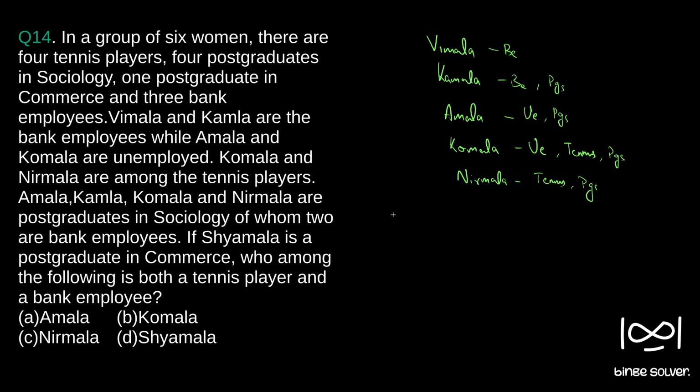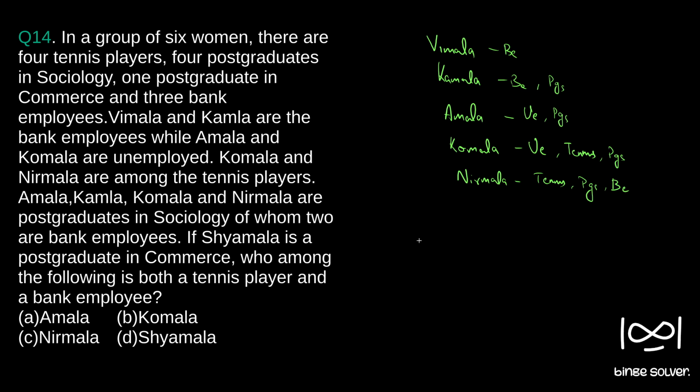And it says 2 of them are bank employees. As you can see, Amala and Komala are unemployed, which we already got. So among these 4, 2 are bank employees and 1 is Kamala. So that means Nirmala is a bank employee.